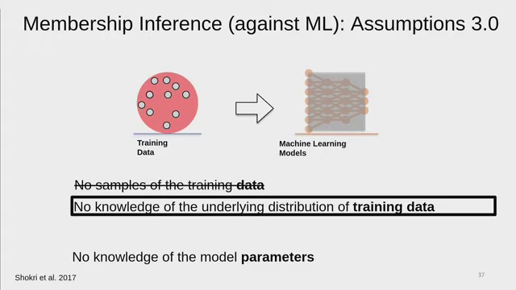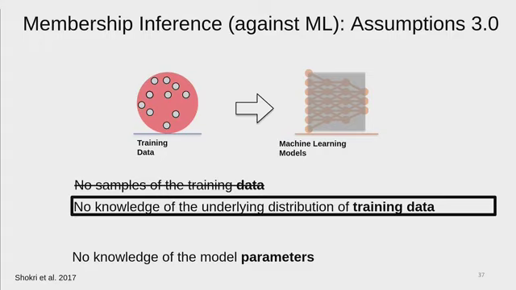Let's assume we don't have knowledge of the underlying distribution of the training data. So we're removing one additional piece of information. Like before, we didn't have samples of the training data. We just used the queries to train different kinds of models and therefore infer the underlying models.